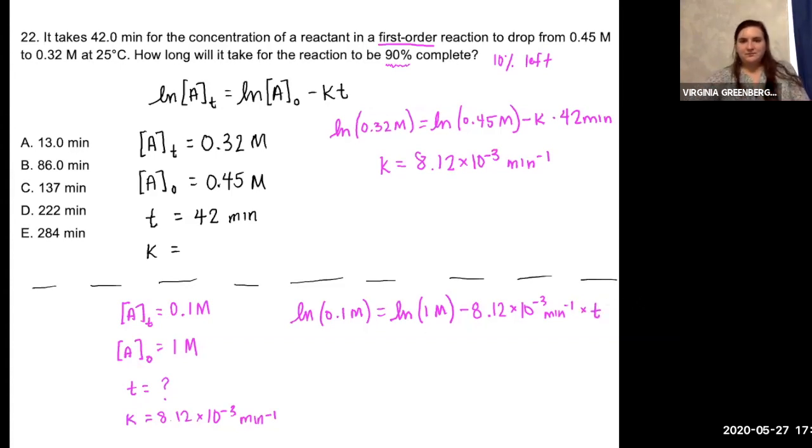And so then once we have this set up, we can just go ahead and solve for T. And we get that T is equal to 283.6 minutes, which is answer choice E.